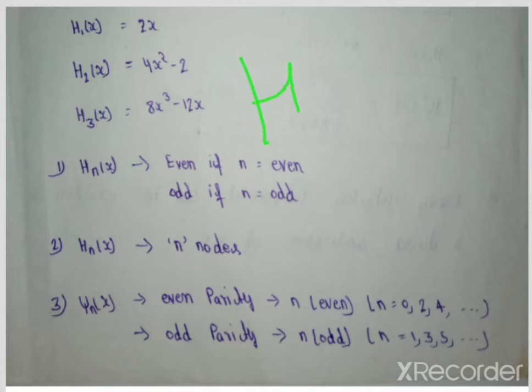The subscript n here is the notation of the nodes. Here n represents n nodes in our function. Now the wave functions have even parity when n is even, and odd parity when n is odd.